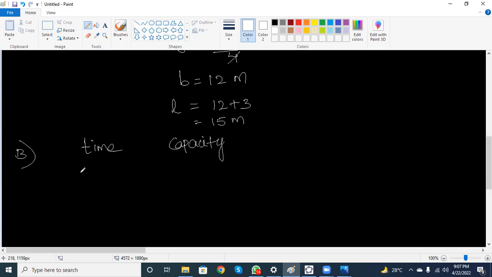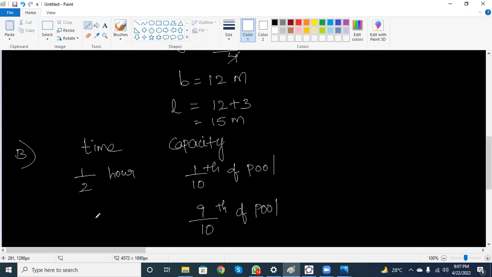It took half an hour to fill 1/10 of the pool. So if you want to fill up 9/10 of the pool, how much time does it take? That is the question.